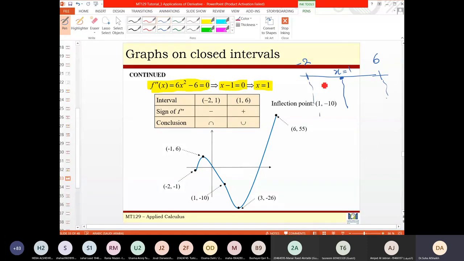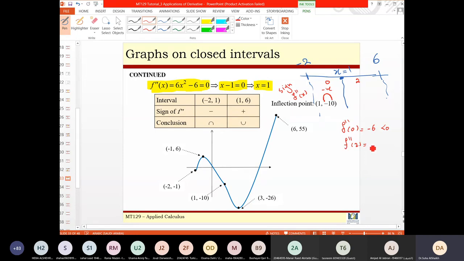Take a point before, 0. Take a point after, 2. I'm studying the sign of f double dash because I'm talking about the concavity. F double dash at 0 is minus 6. It's negative, so negative here means concave down.